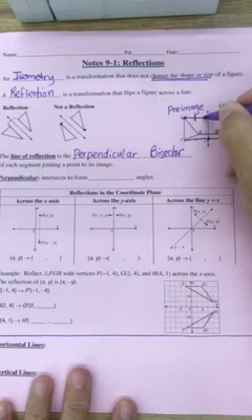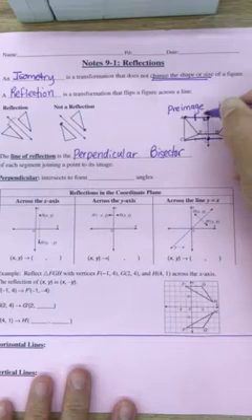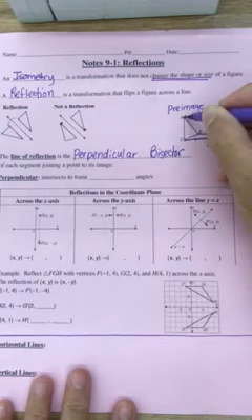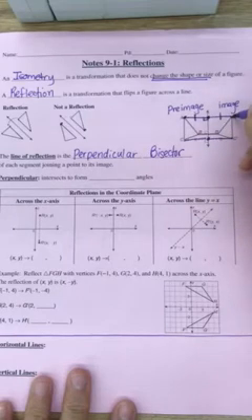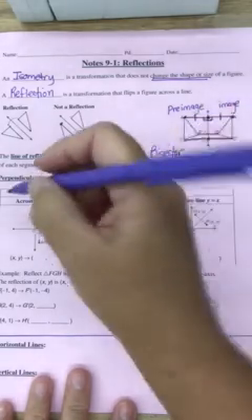It is also going to be perpendicular. Perpendicular means that it forms a right angle. So this is the perfectly straight line from the line of reflection to the endpoint, perfectly straight line from the line of reflection to the endpoint. And that makes this line a perpendicular, and it cuts it in half, so it's a perpendicular bisector. It's perpendicular and it bisects.